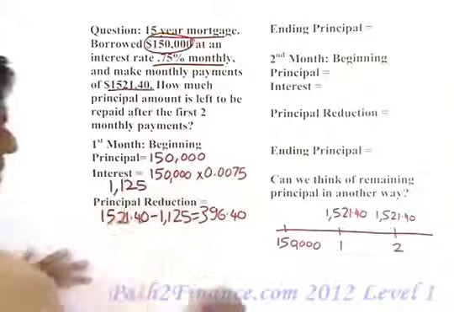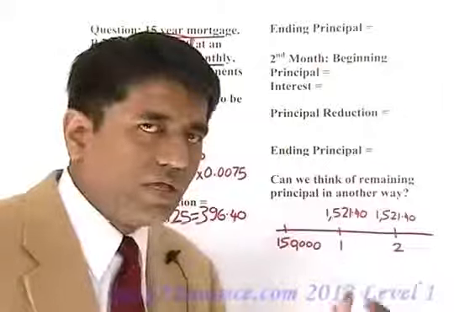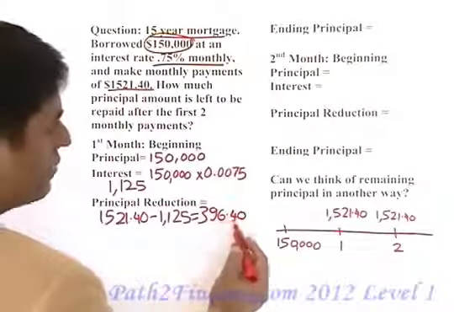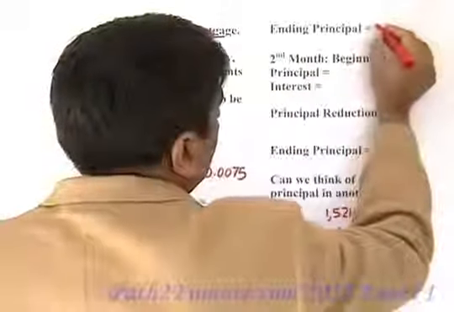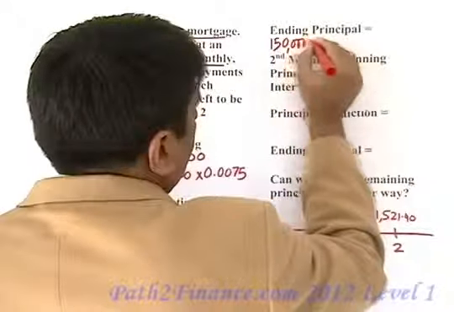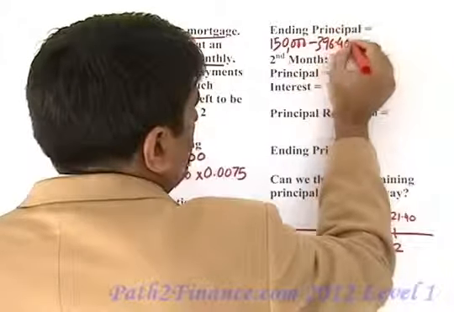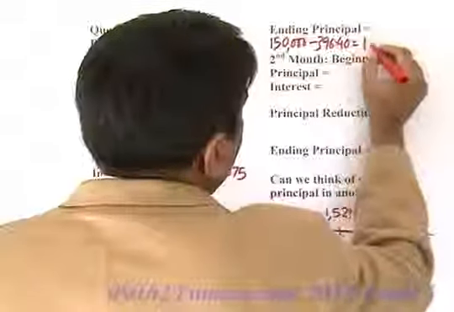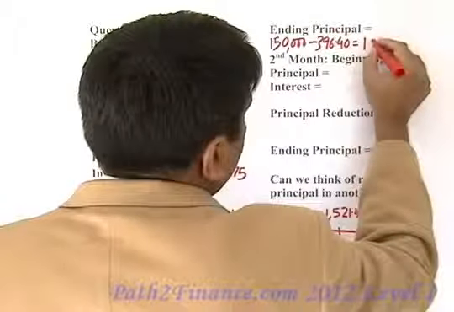So this is the amount of principal reduction, that is the amount paid minus the interest on the principal, and you take out this 396.40 from the beginning principal of 150,000. So you're going to get 150,000 minus 396.40, and you get the ending principal to be 149,603.60.